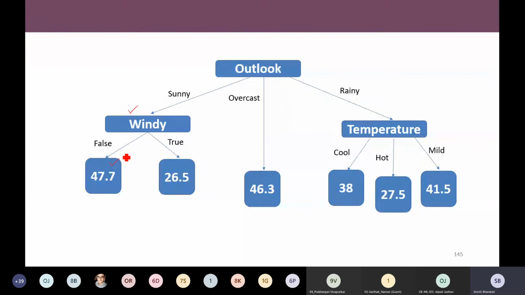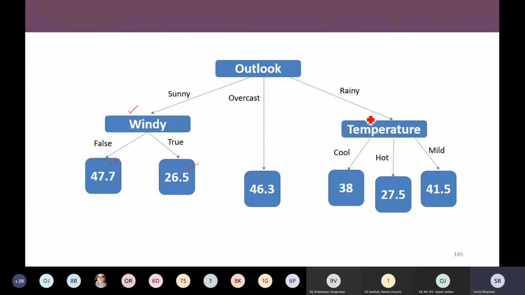So we have reached the stopping criteria, and we have terminated our algorithm for this branch, and we have come up with these leaves containing the prediction values.